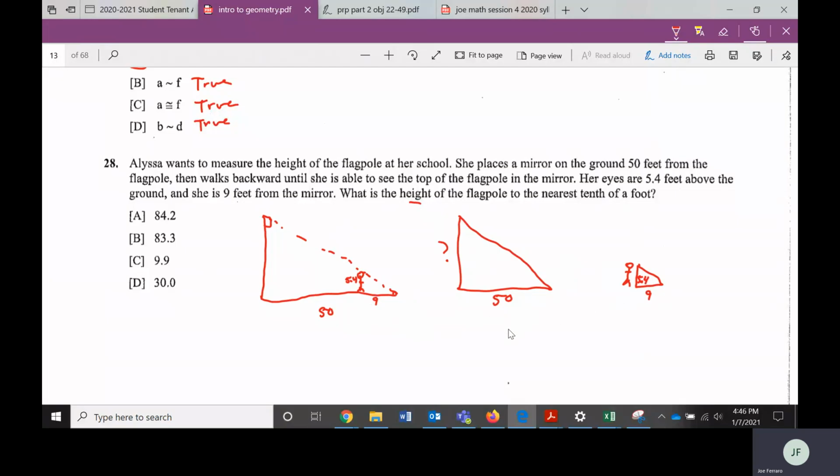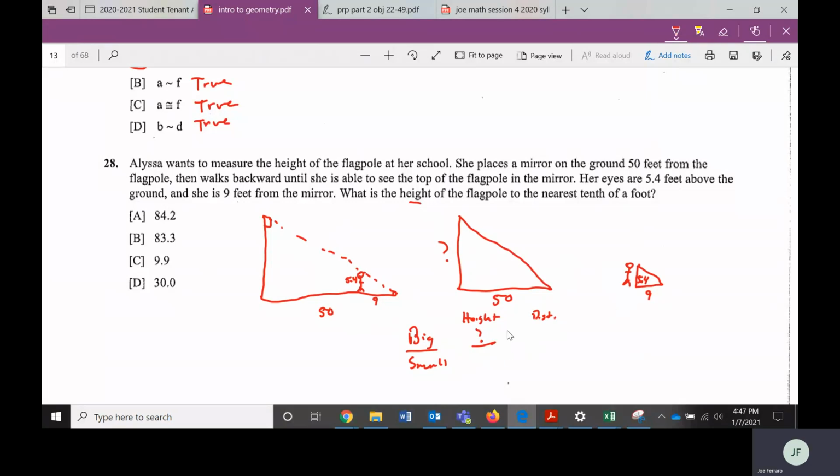So now what we have is similar triangles. So we're going to set up a proportion. We're going to go big triangle to small triangle. Okay, and then we're going to go height to the bottom distance. Okay, so big triangle, that's what we don't know.